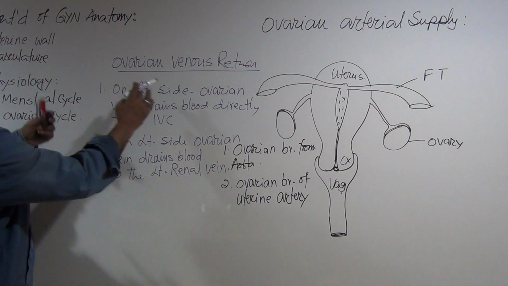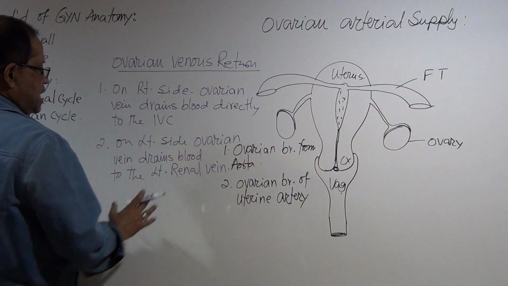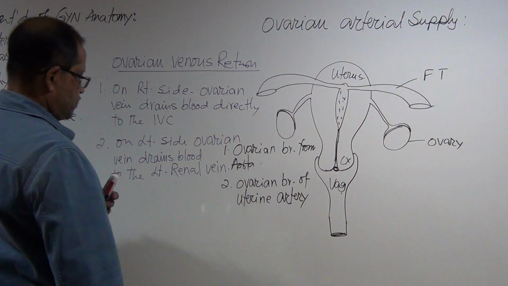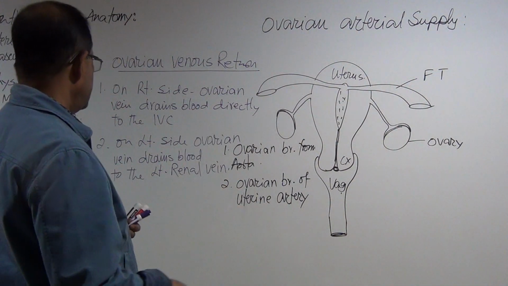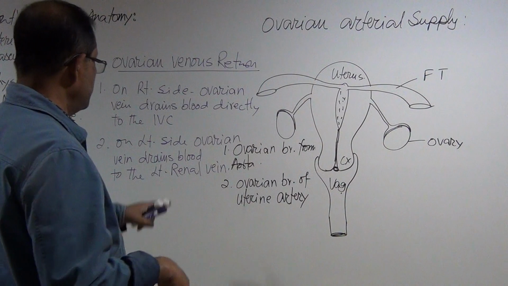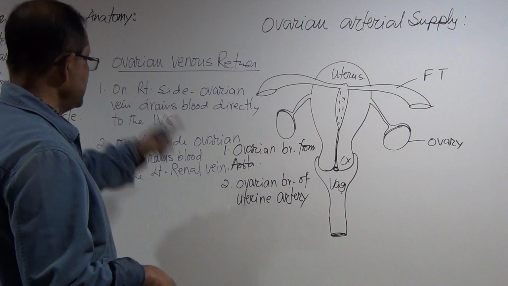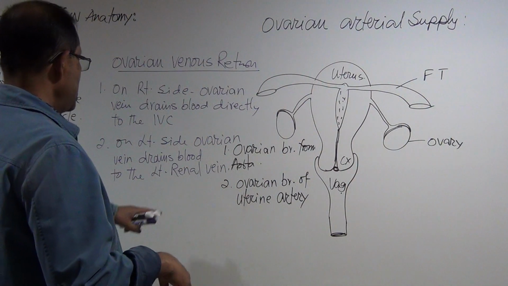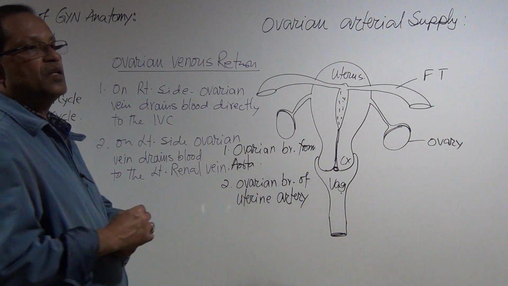Okay, this is a board test question. This is an exceptional thing. The left renal vein is usually longer, dilated, and has a slow flow because it carries the renal venous blood, adrenal blood, and in addition the left gonadal blood.